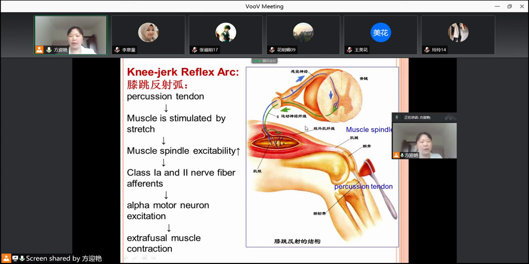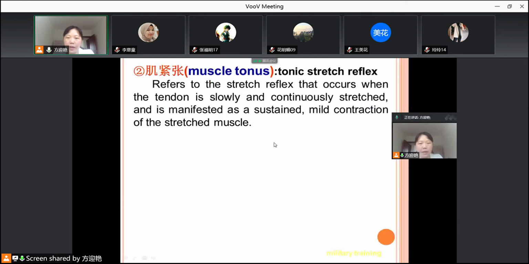The receptor is the muscle spindle. I hope you know that this is mainly the tendon reflex.